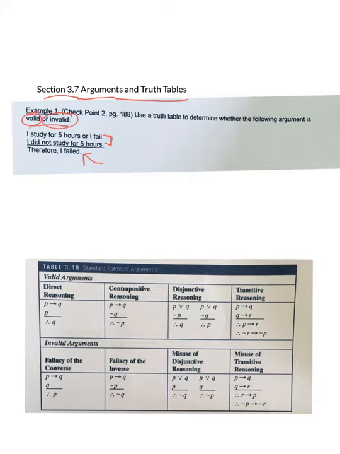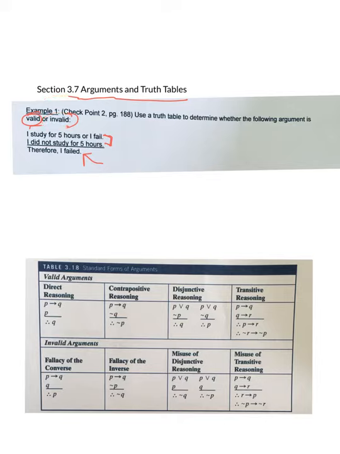So valid or invalid will be the answer for every single one of these. And then the homework wants us to type in the three sentences into symbolic form as one line, which is going to follow the same pattern for each one of these. And don't worry, we're going to do several examples here in this video.